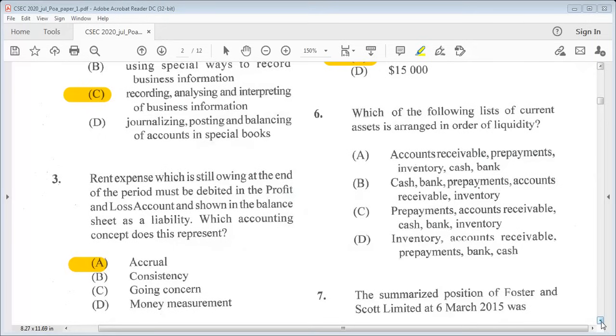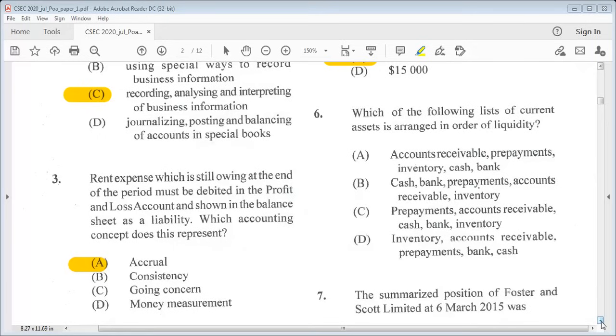So we know that the order of liquidity really refers to the order of the decrease in liquidity in which assets are being presented in the balance sheet. So we know that in the balance sheet, assets that take the least amount of time to be converted into cash are being presented first.